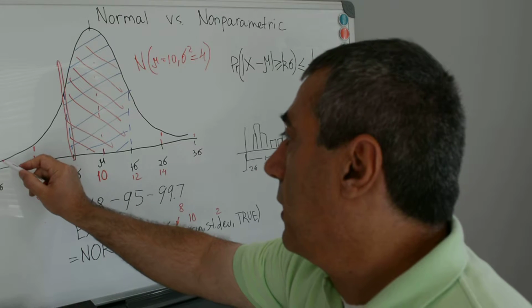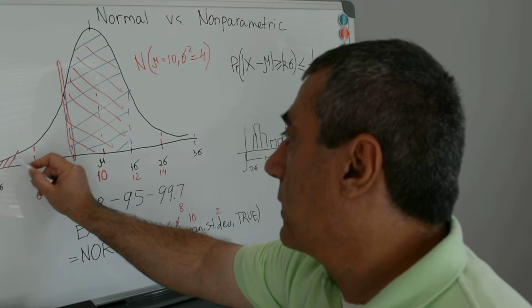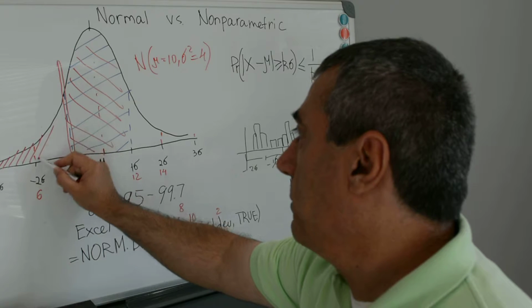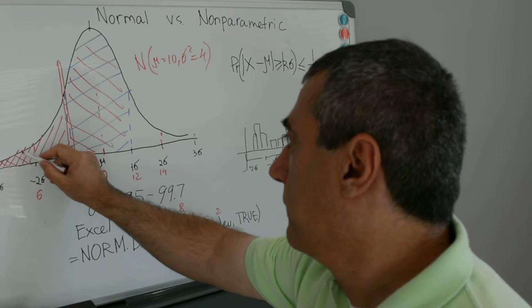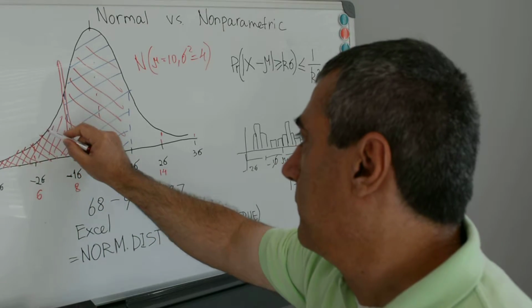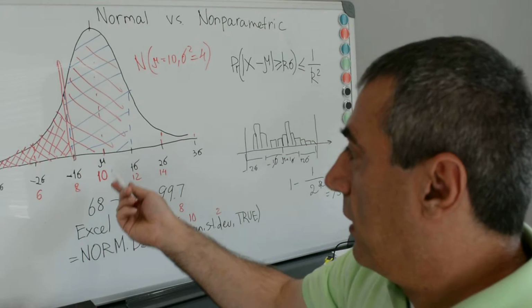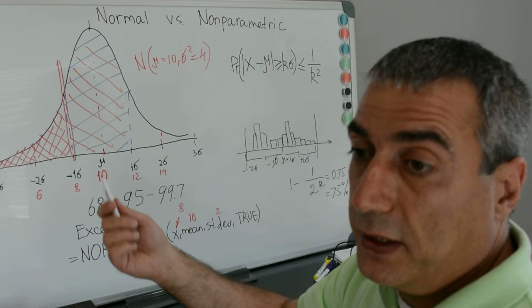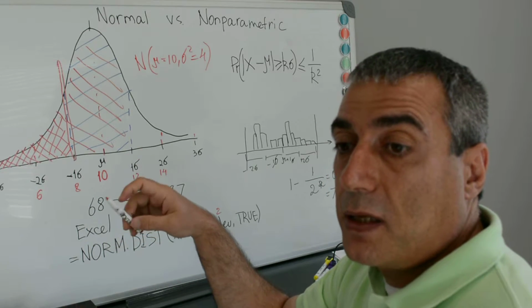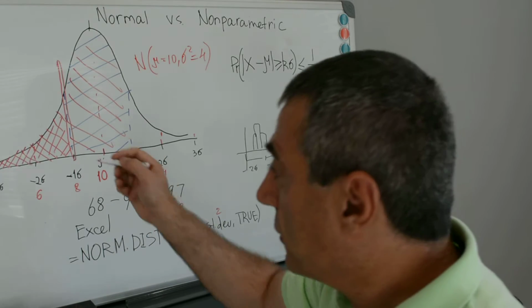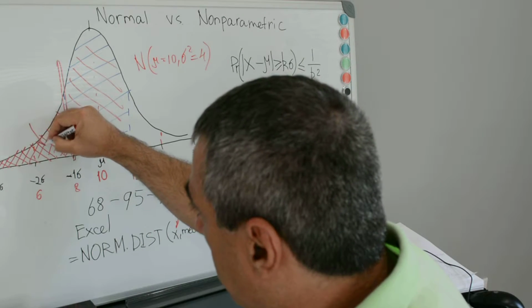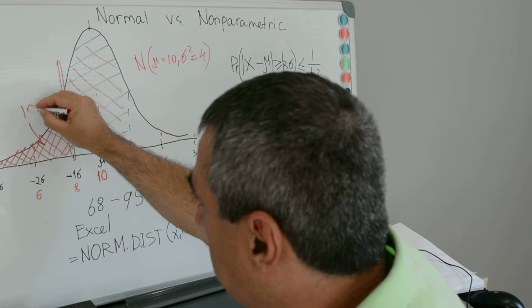Excel provided me with this chunk of the population. In terms of probability, if we multiply by 100%, we receive the percentage.